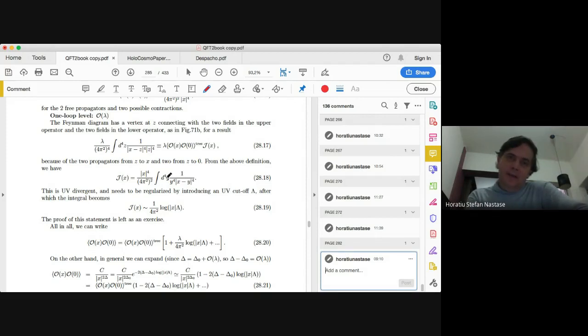At large y, this is just the integral d4y over y to the 8th. So I only have this UV divergence, and I have to introduce this UV cutoff or regulator, lambda. And then I leave it to you as an exercise to calculate that, with this regularization, this is equal to 1 over 4 pi squared log of modulus of x times lambda.